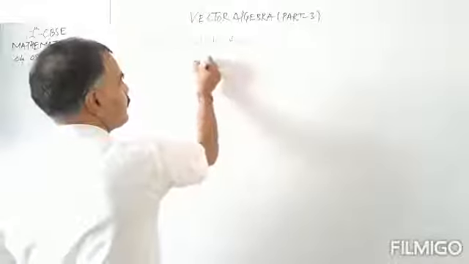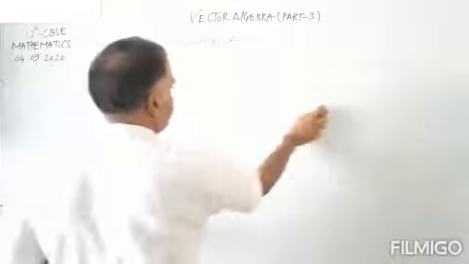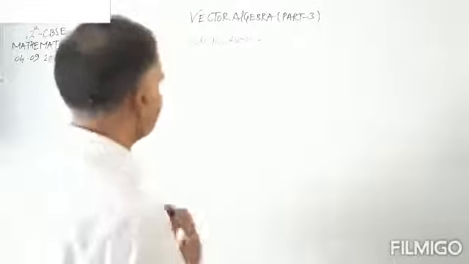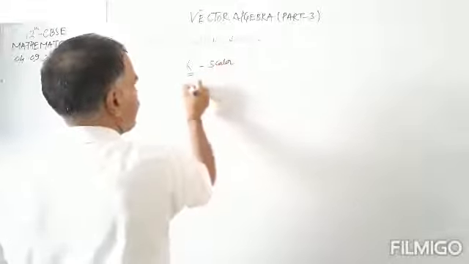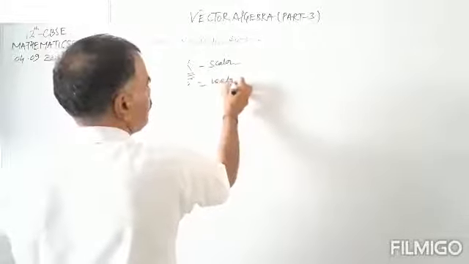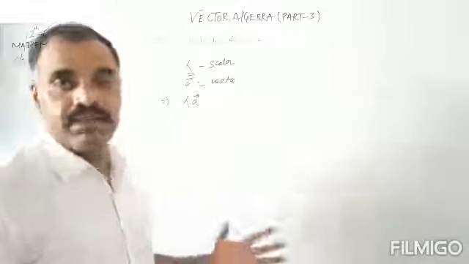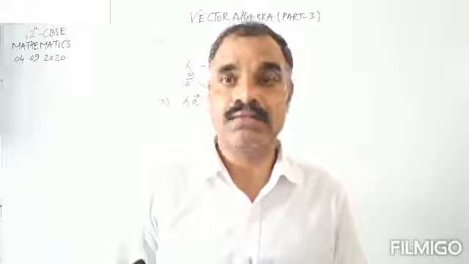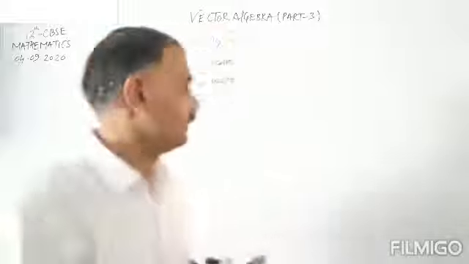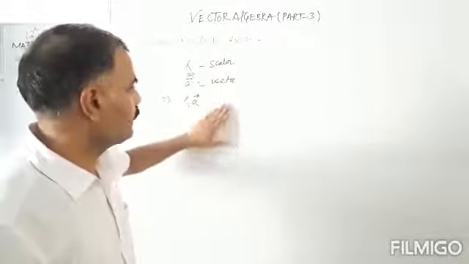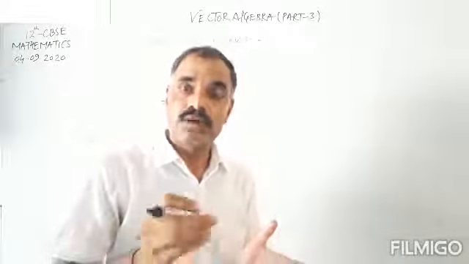Okay, let us learn here. If A vector is any vector and we want to multiply it, lambda is any scalar and A vector is any vector. Okay, then we are multiplying lambda with A vector, so lambda A vector is the vector obtained after scalar multiplication of vector A. Now, lambda A vector has a direction that depends on the value of lambda.